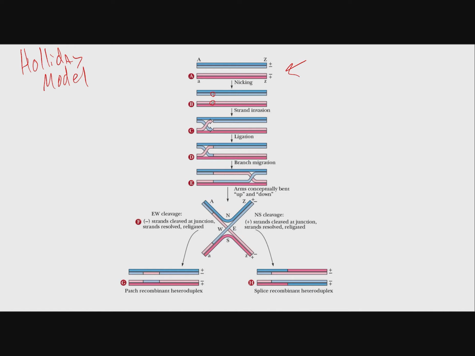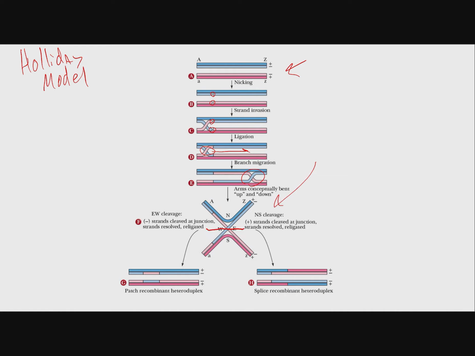So after the strand invasion happens with some crossing over, we get ligation, so sealing of those bonds. Branch migration, this little crossover kind of moves to a position down the chromosome so that this can now bend and give us this weird little exchange cross area. And so then you can see here, there's a few cleavages that happen. Now, what we're seeing here are the two different ways that this can happen.